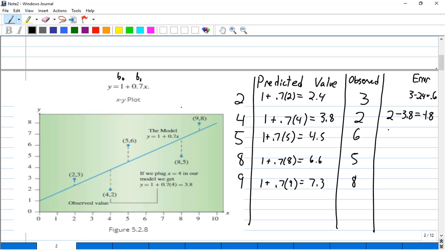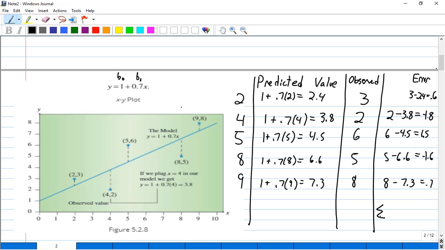So this one would be 6 minus 4.5, or 1.5. Then 5 minus 6.6, that's negative 1.6. And then 8 minus 7.3, that's 0.7.